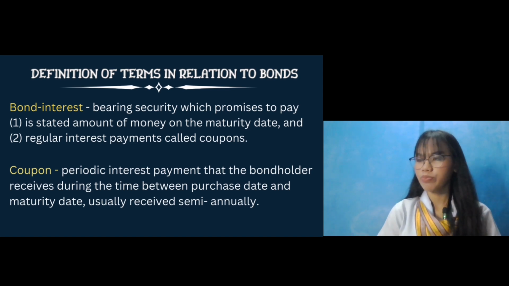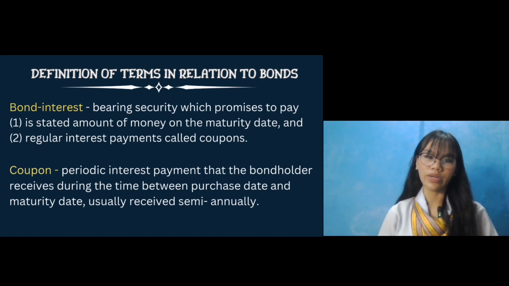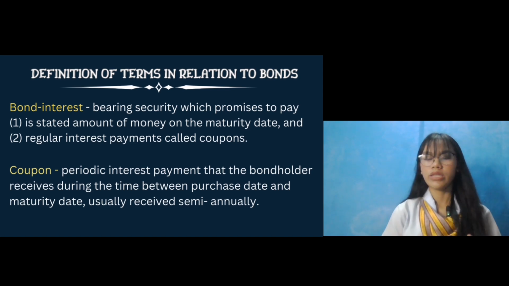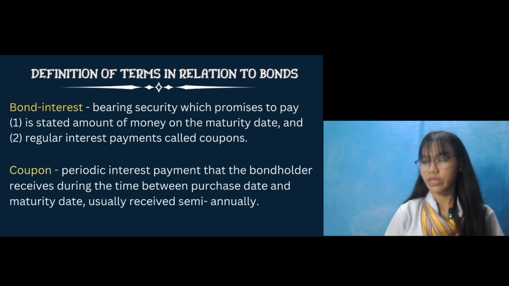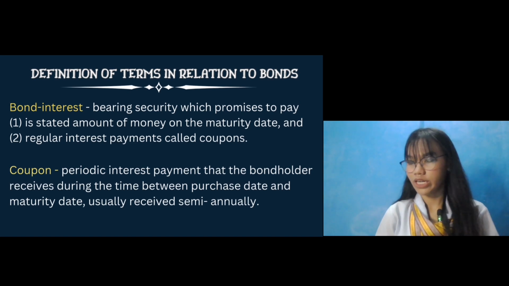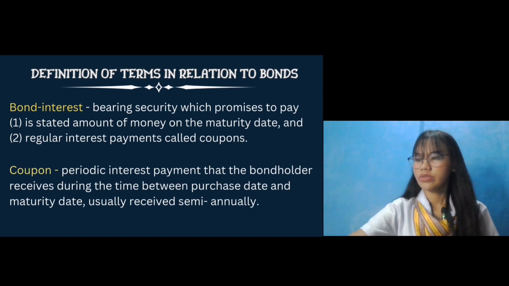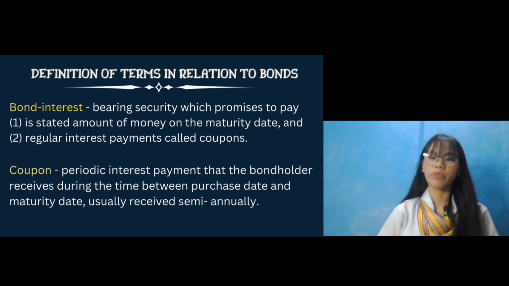A coupon is a periodic interest payment that the bondholder receives during the time between the purchase date and the maturity date, usually received semi-annually. Always remember that this coupon is usually received semi-annually. And next, we have our coupon rate.